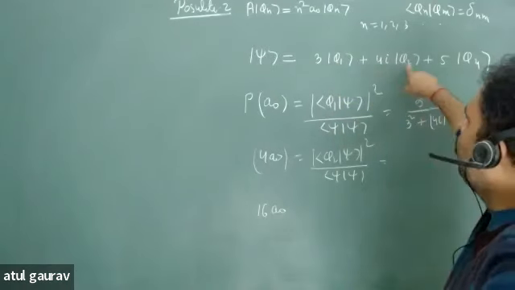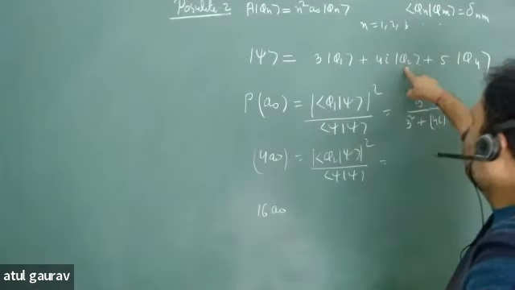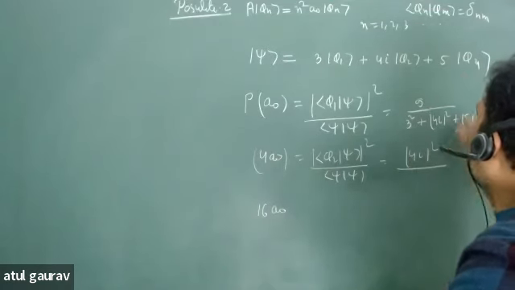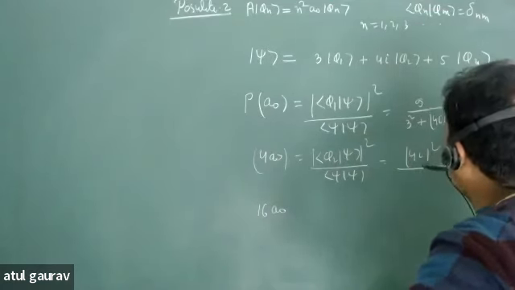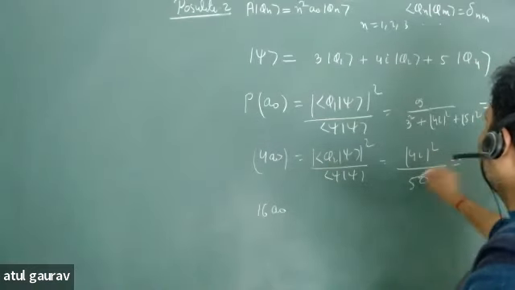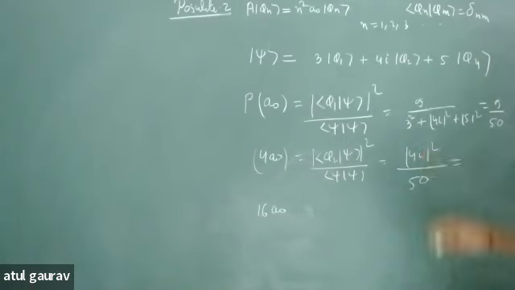Phi 2 and phi 2 is 1, so this is going to survive. And what about this one? Again it is 0. Again we have the denominator part is always there. What is mod 4i square? 16. So 16 upon 50.